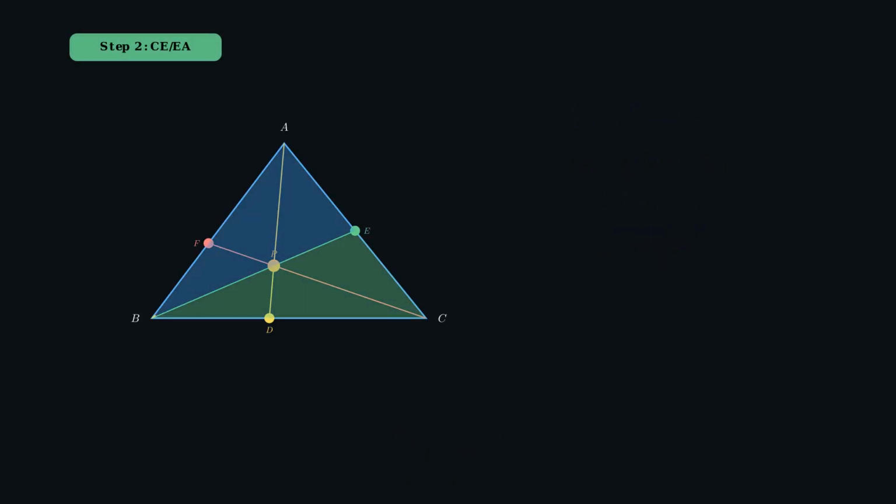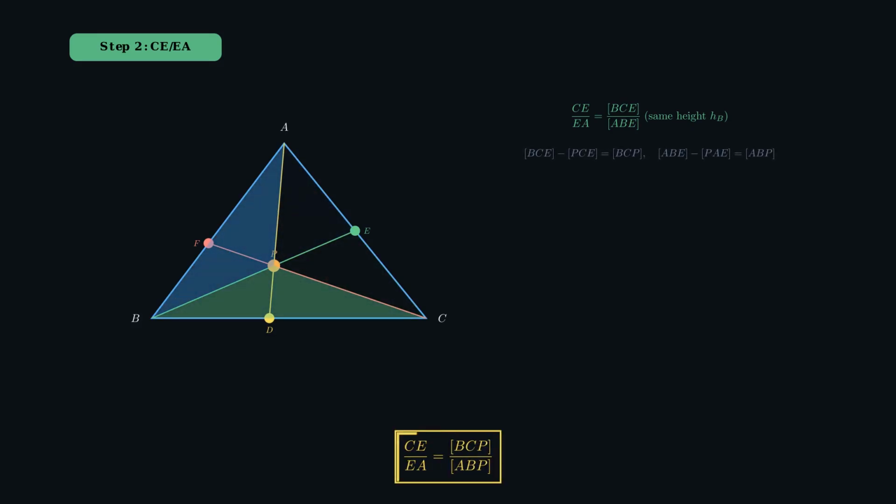Step 2. Finding CE over EA. We apply the exact same argument to Cevian BE. Triangles BCE and ABE share the same height from B to line AC. So CE over EA equals area BCE over area ABE. The smaller triangles PCE and PAE share the height from P to AC.